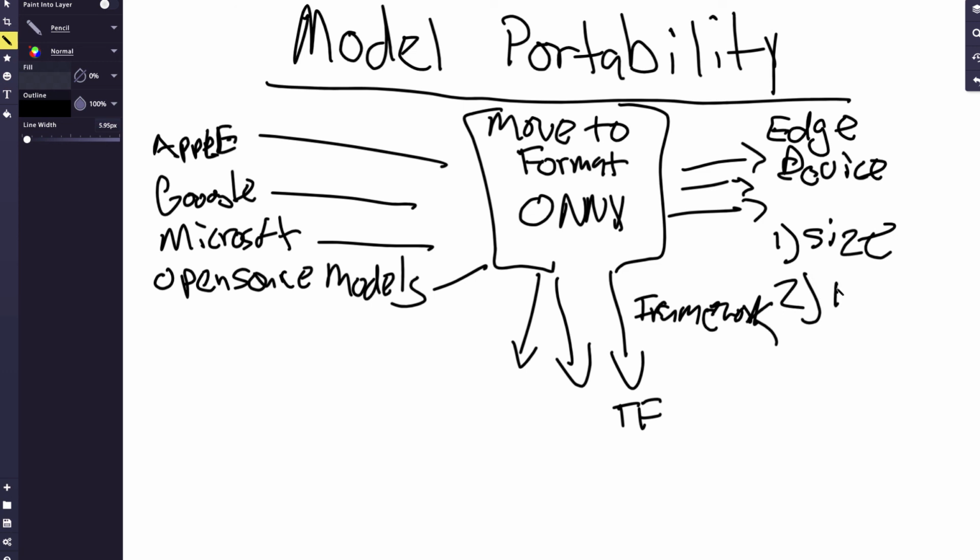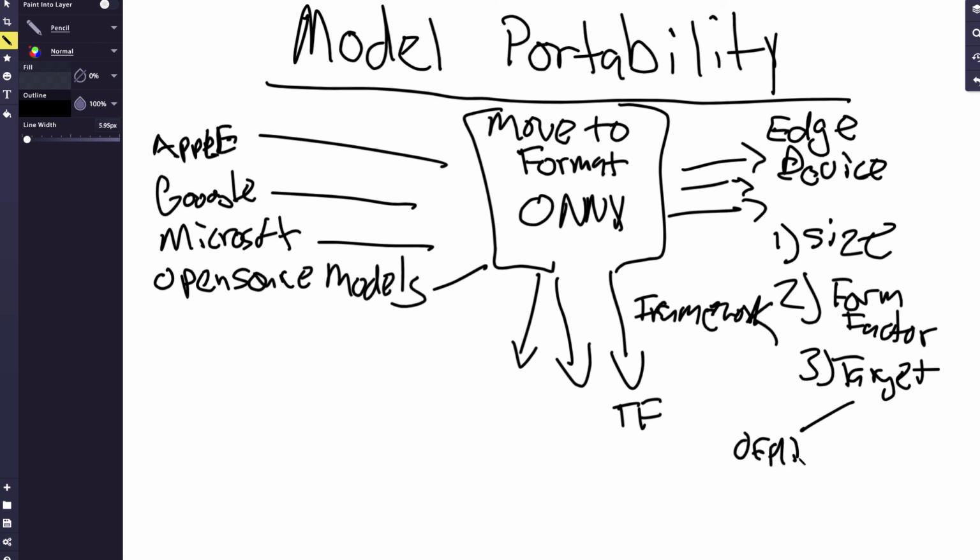So we could say size. We could say form factor is another one, and then also potentially the kind of target. So do you want it to be, let's say, available offline? These are things to think about. Or do you want it to be a mobile device, right?